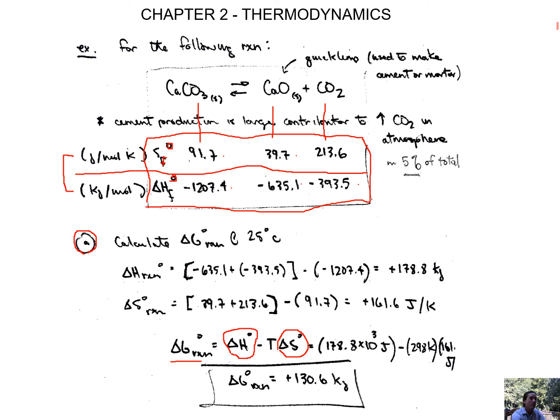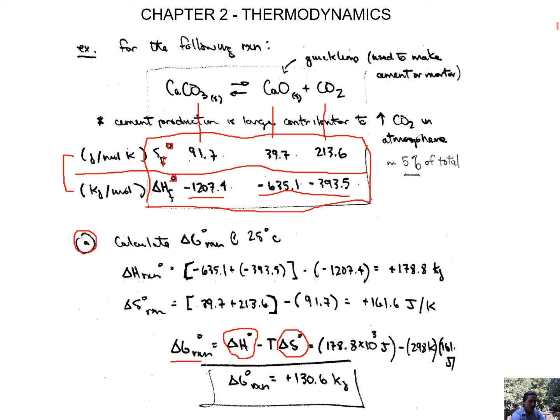And so in doing so, we do the sum of the products minus the sum of the reactants. So we have our products here. Let's see, delta H first. We have our products here minus, and then we have our reactant.